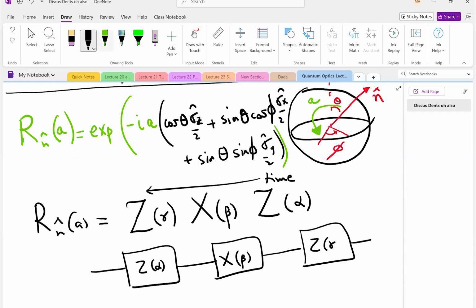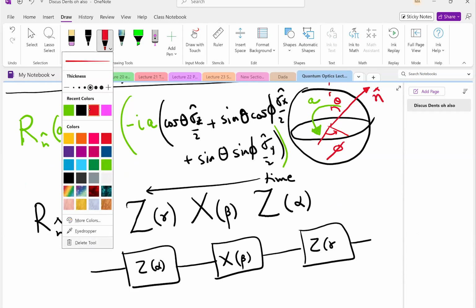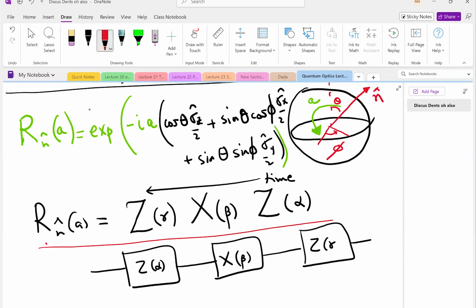So what does this expression mean? This expression means that any single qubit operation can be expressed as an X rotation sandwiched by two Z rotations with the proper angles alpha, beta, and gamma, which are related to a and n. In fact, this is a nice homework problem. If we know n and a, or we want to implement a certain rotation, what should be the values of alpha, beta, and gamma?